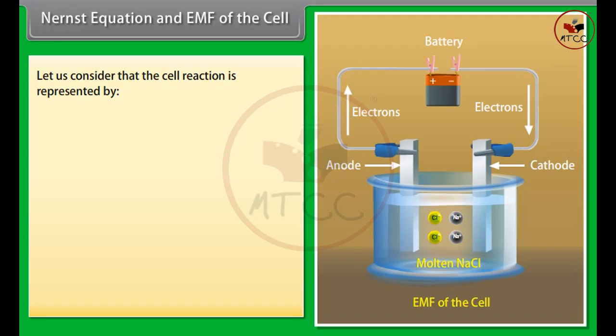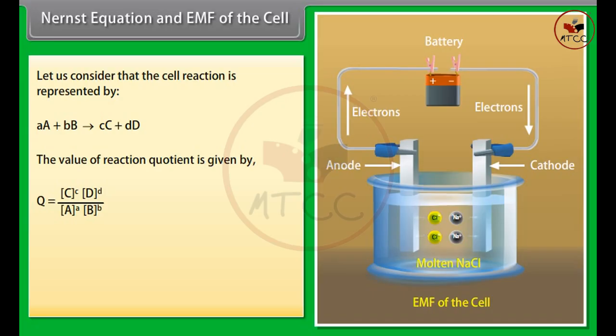Let us consider that the cell reaction is aA + bB gives rise to cC + dD. The value of the reaction quotient is given by Q = [C]^c [D]^d / [A]^a [B]^b.